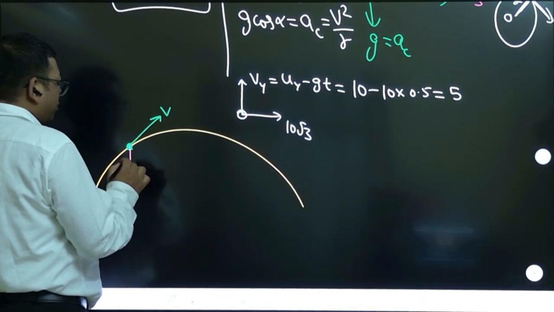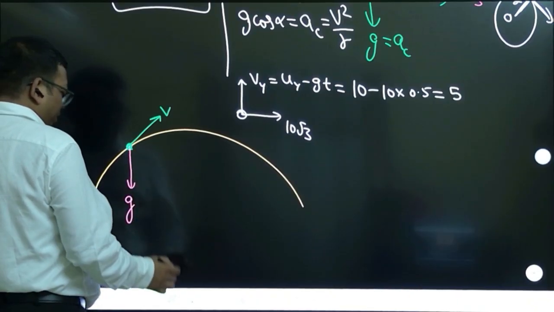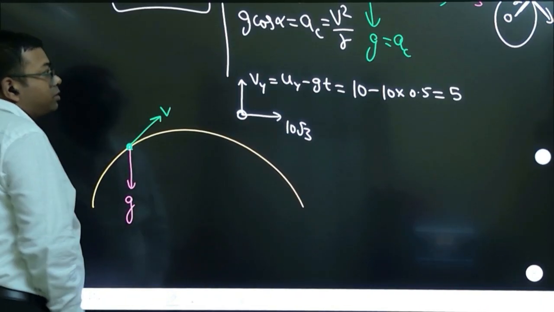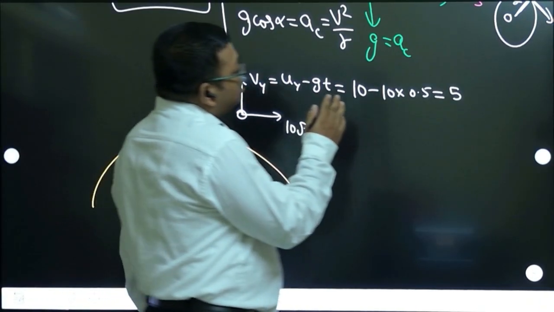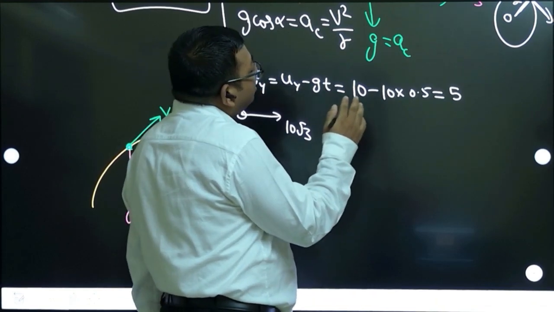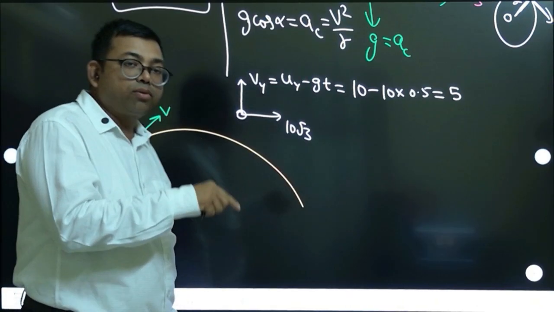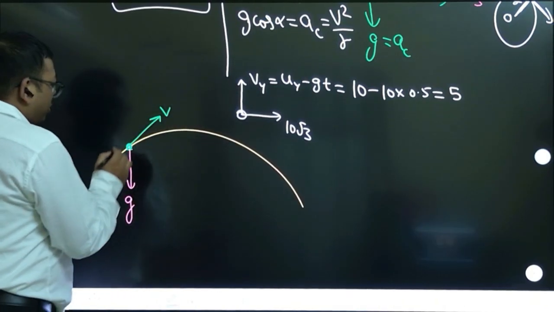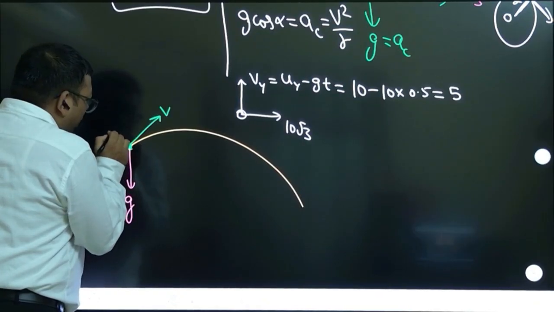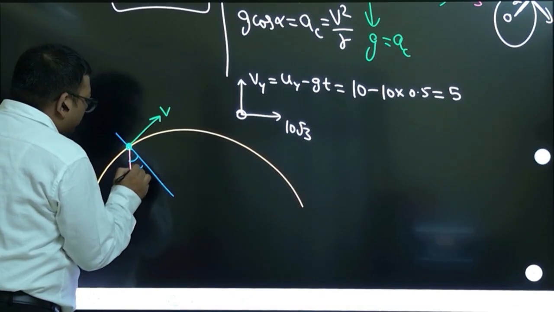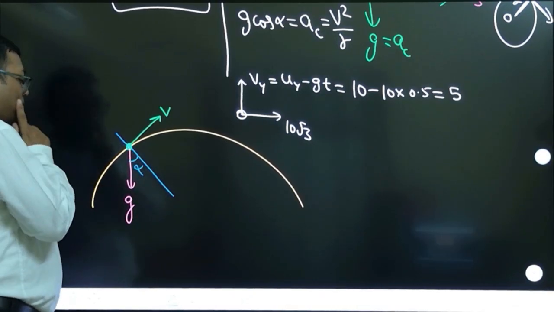We need to find the component of g. Remember, centripetal acceleration means the component of g must be perpendicular to velocity, because centripetal acceleration is perpendicular to velocity. So we need a line like this, and this angle is what we need. Then only we can find the component of g.